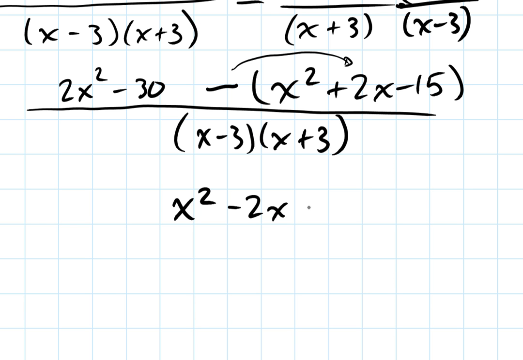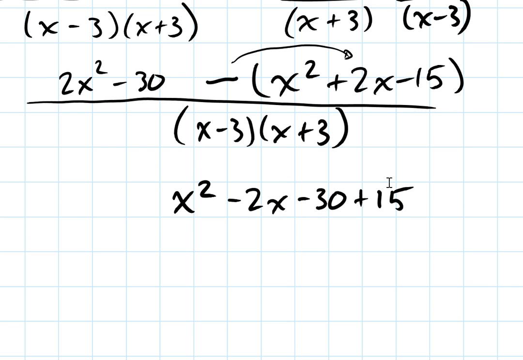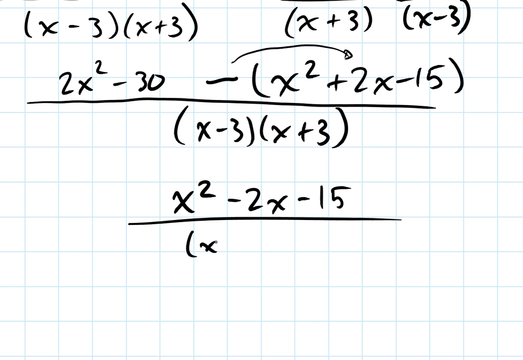Well, I have a negative 30 and then plus 15. So I could have done that in one step. Well, I've got an eraser. Why don't I do that? Negative 30 plus 15 is going to be minus 15. And my denominator is x minus 3 times x plus 3.